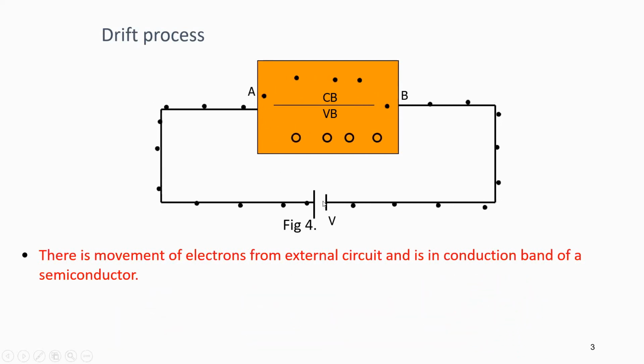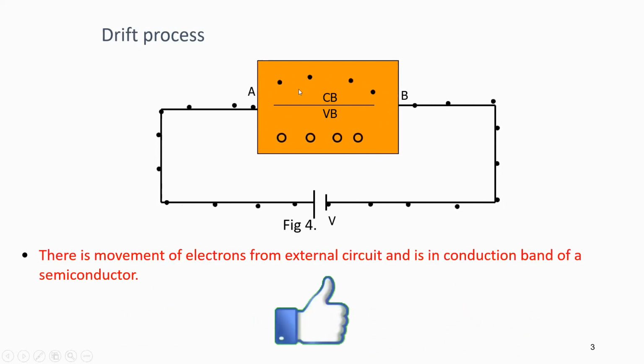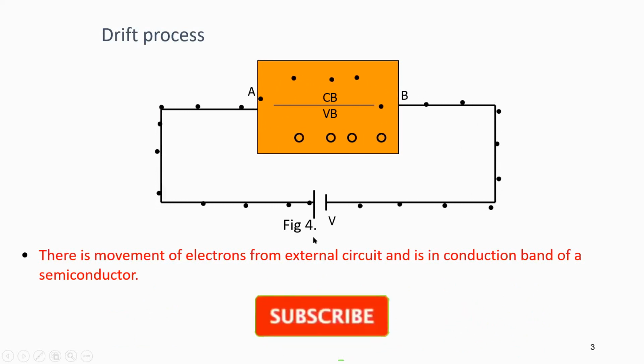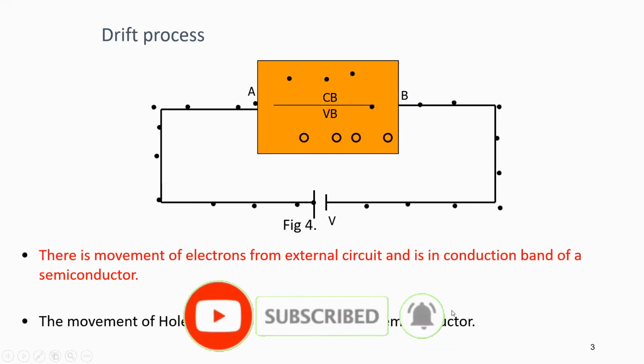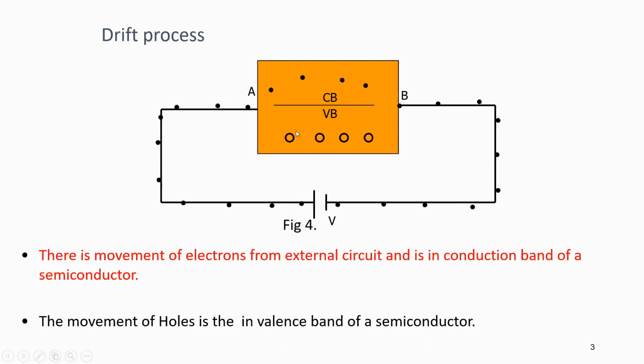No, we are supposed to provide them from the external circuit like this. और इसकी वजह से आपकी इलेक्ट्रॉन्स की मूवमेंट हो रही है. The movement of holes is also there in the valence band of a semiconductor. इलेक्ट्रॉन्स आ रहे हैं आपके डिवाइस में, तो उसकी वजह से होल्स भी क्रिएट हो रहे हैं वैलेंस बैंड में, उसकी मूवमेंट भी हो रही है. So the entire movement that involves generation and recombination is actually providing you this particular thing that is called your conduction.